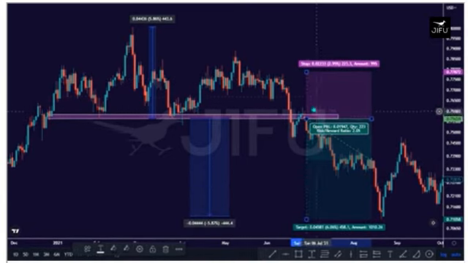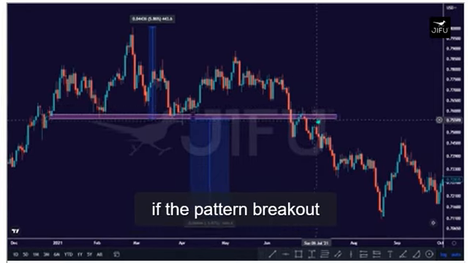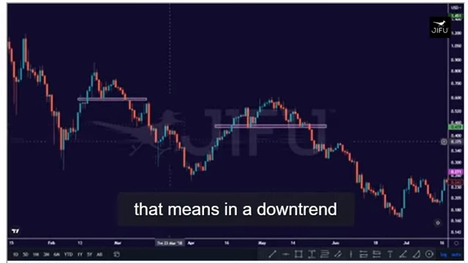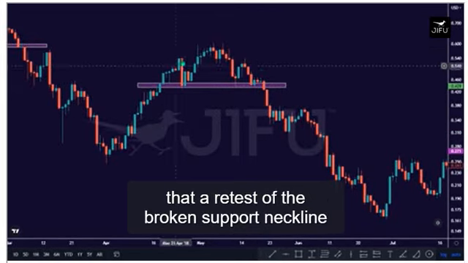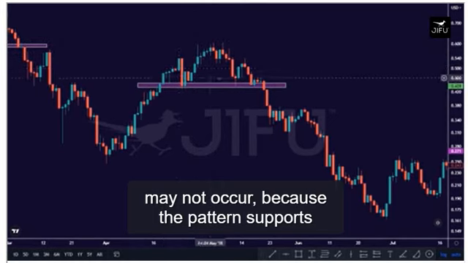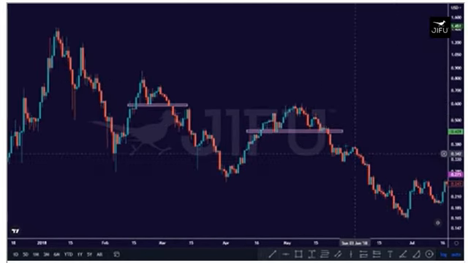Take note, it's likely a retest of validation may not occur if the pattern breakout supports the existing trend direction in the market. That means, in a downtrend, there's a higher possibility that a retest of the broken support neckline of an upright head and shoulders may not occur because the pattern supports the existing bearish trend.